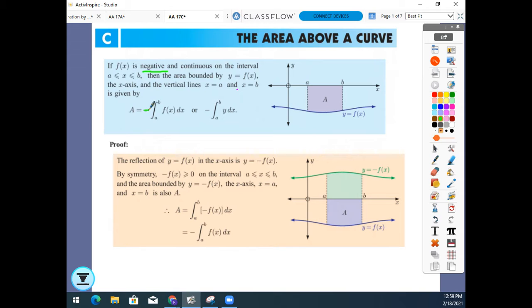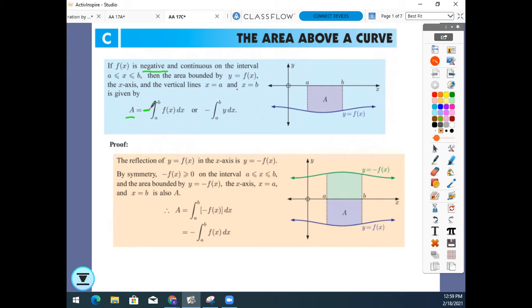It's the opposite because the integral under the x-axis represents a negative value, whereas above the axis it is positive. So if we want to find the area, we're just taking the opposite of the integral. And this will make a little bit more sense.